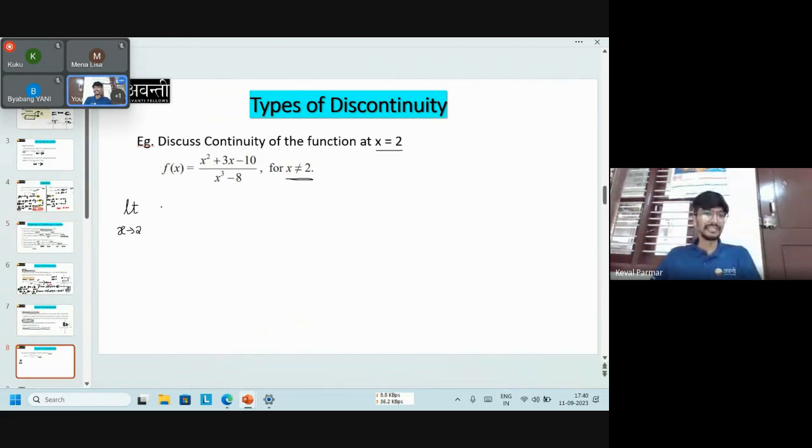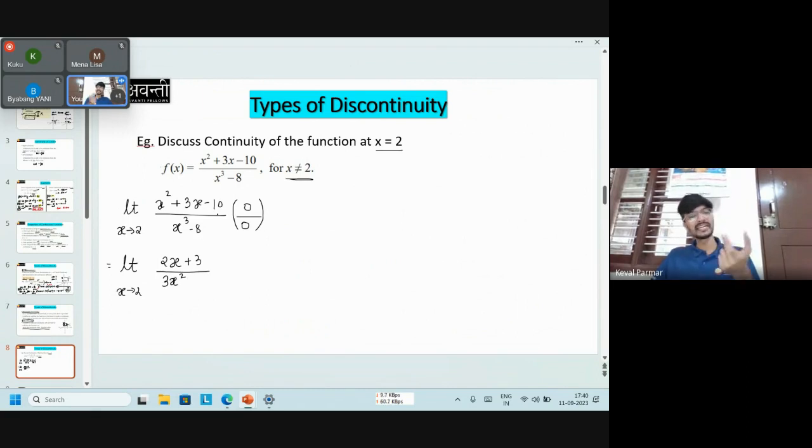So we can directly find the limit of x square plus 3x minus 10 upon x cube minus 8. If you check, the indeterminate form is 0 by 0. So if I use L'Hospital's rule, what do I get? The derivative of x square plus 3x minus 10 is 2x plus 3, upon the derivative of x cube minus 8, which is 3x square.